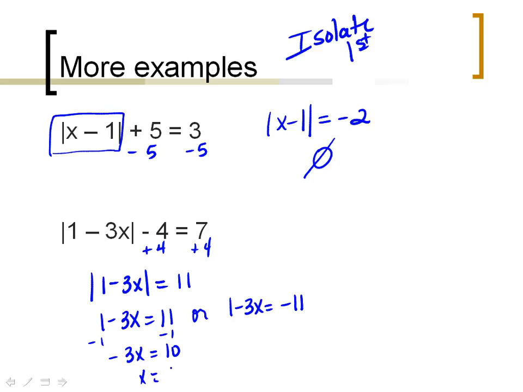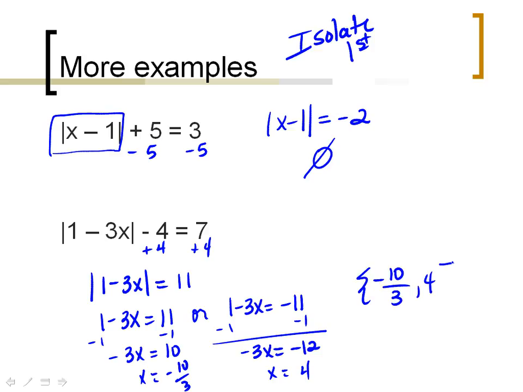Dividing by negative 3, I get negative 10/3. If I subtract 1 from the other equation, I get negative 3x is equal to negative 12. And dividing by negative 3 gives me x is equal to 4. So my solutions to this are negative 10/3 and 4.